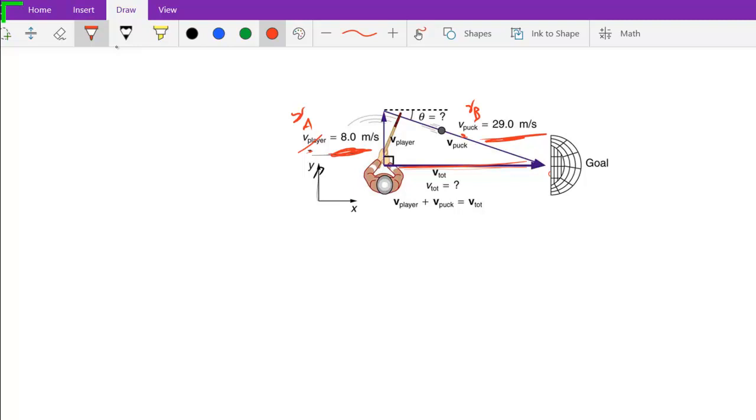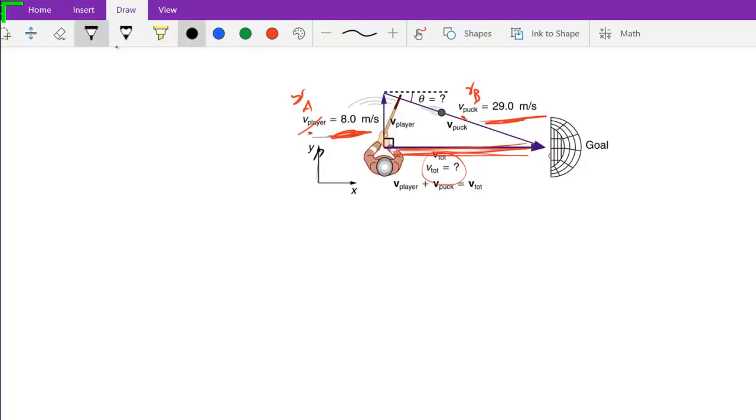And so in this case, we want our resultant vector, which would be this v total, to only have a horizontal component. I'll call this the resultant instead of v total. So the resultant is going to be VA plus VB.